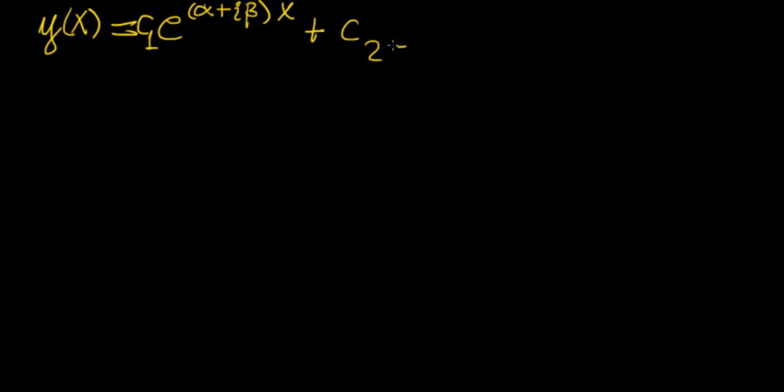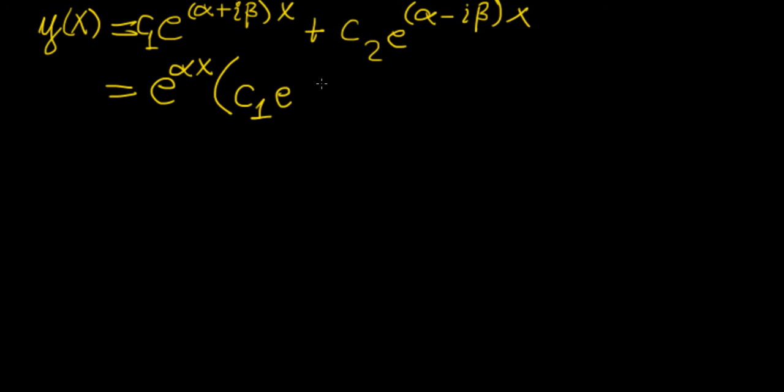So for the third case, what we're going to have is the general solution y(x) equals c1 e to the alpha plus i beta x, where i is the imaginary number, plus, and I forgot the c1 here, c2 e to the power of alpha minus i beta x, and we can rewrite this as e to the power of alpha x times c1 e to the power of i beta x plus c2 e to the power of minus i beta x.